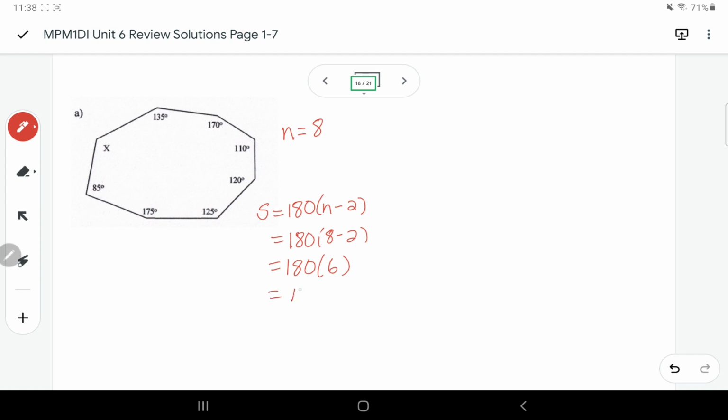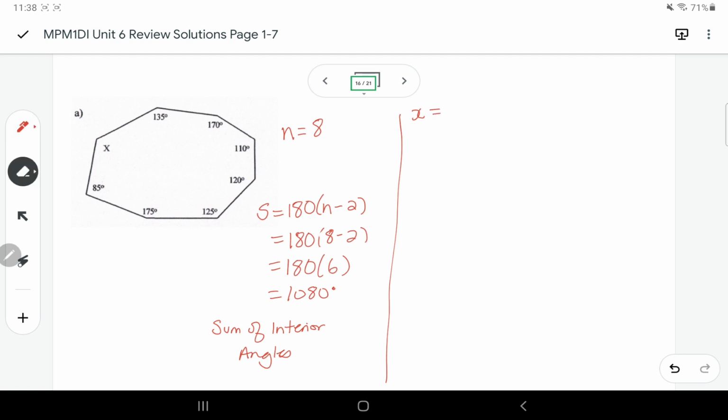So that means the total of all of the angles inside here adds up to 1080. So if I make an equation here, and this is the sum of interior angles, I'm just going to go around in this shape.